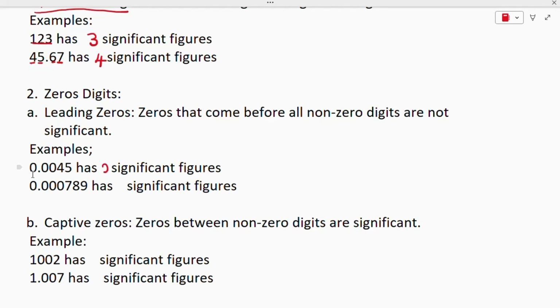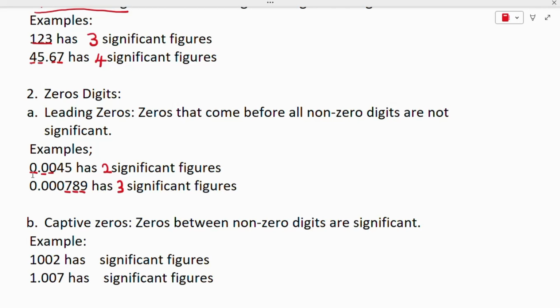This number has two significant figures because the zeros that come before the non-zero digits are not significant. For this particular number we have 1, 2, 3, so this becomes three significant figures. So for leading zeros, all the zeros that come before the non-zero digits are not significant.